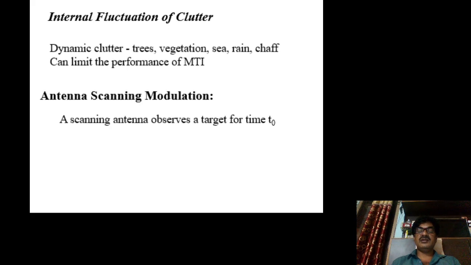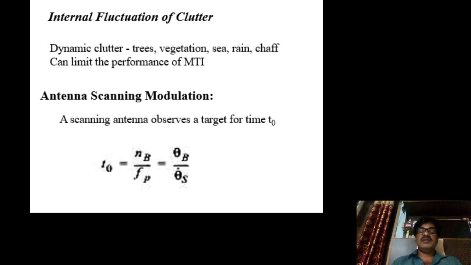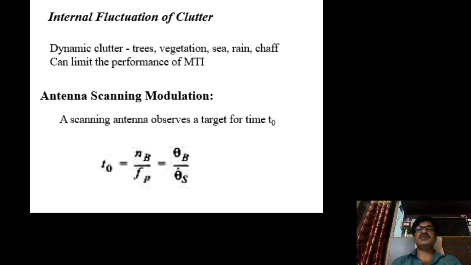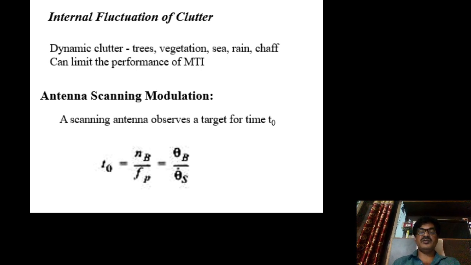Another limit of the MTI is fluctuations of the clutter, that is, moving clutter. With reference to clutter, if it is a fixed one, in some way you can avoid it. If it is moving, it is difficult to avoid the entire clutter.